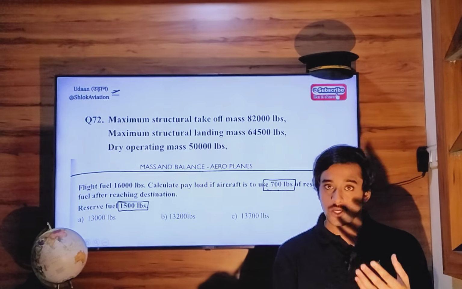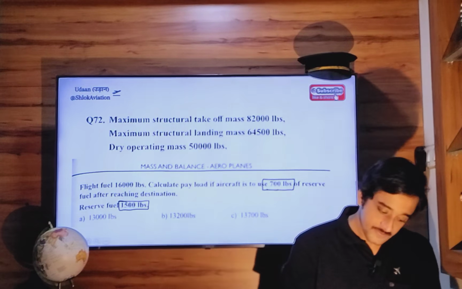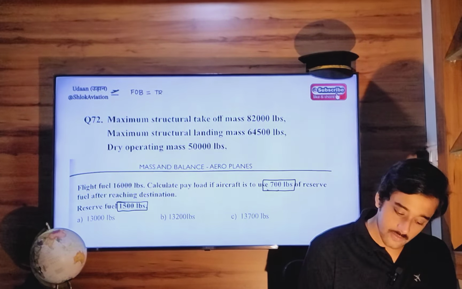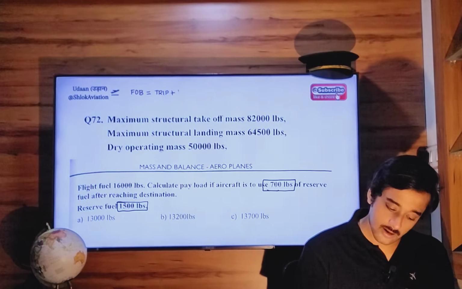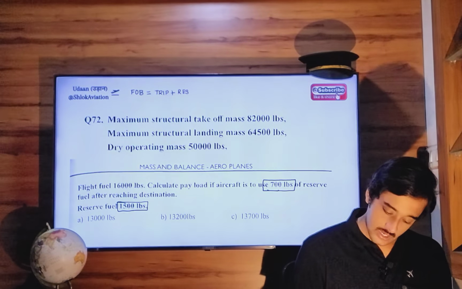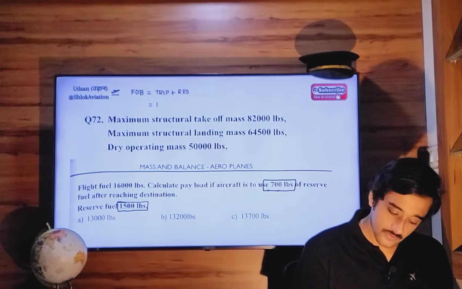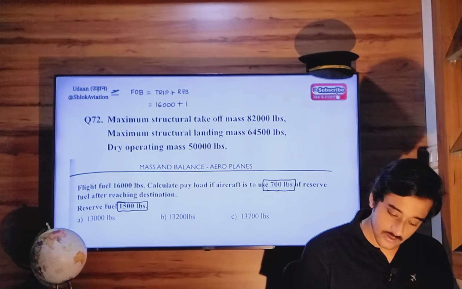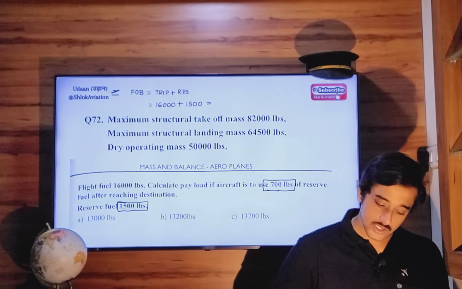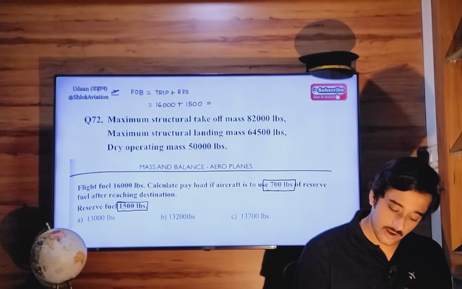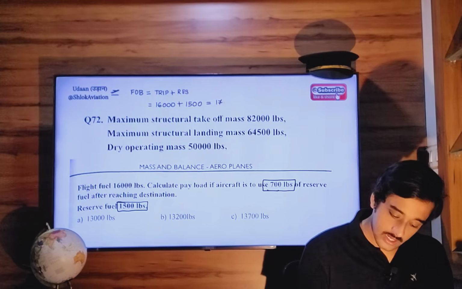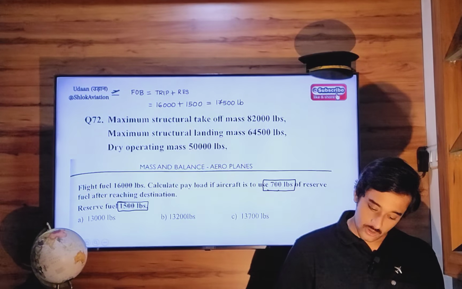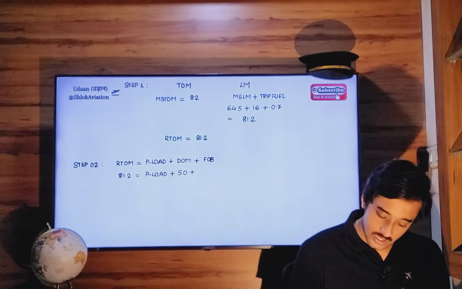Now fuel on board is your takeoff fuel. So fuel on board will be your trip fuel plus reserve fuel. Now trip fuel is 16,000. Reserve fuel is 1,500. 16,000 plus 1,500 is 17,500 pounds.